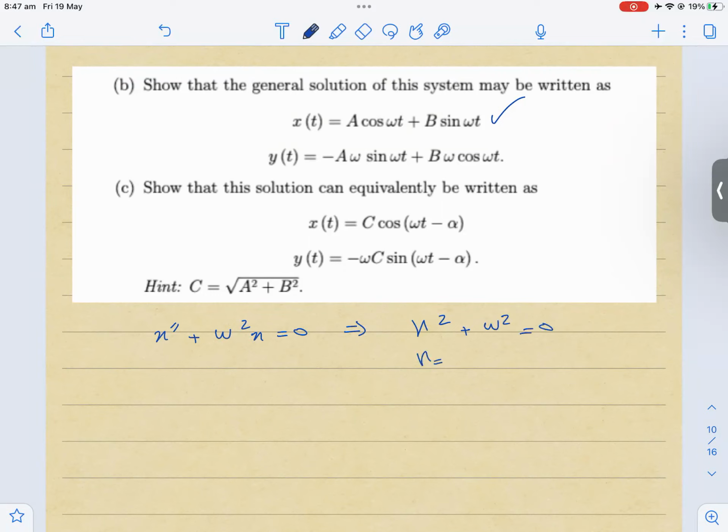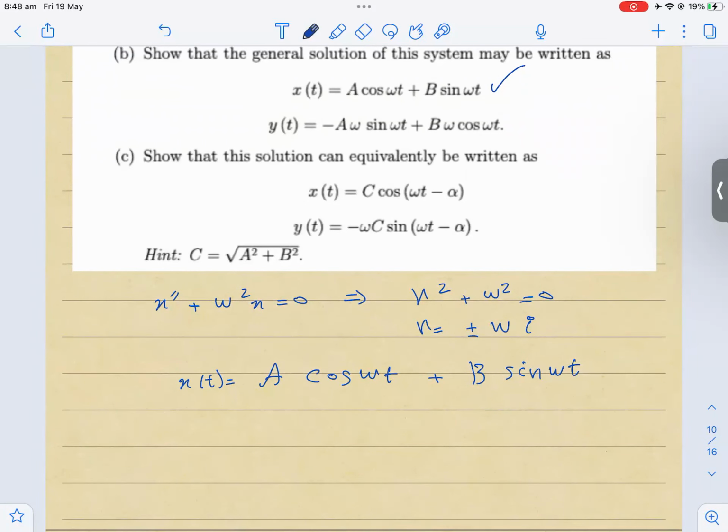From here, the roots are plus minus omega times the imaginary number. Therefore, x of t is e to the lambda t, where the real part is 0. So it will be a times cos omega t plus b times sine omega t.